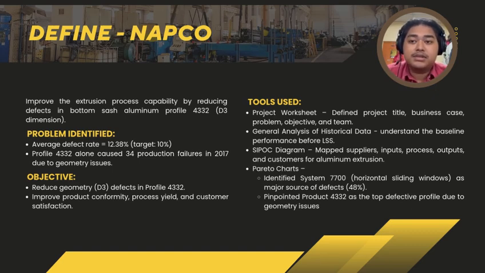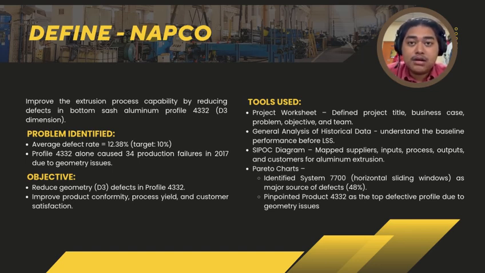to the final customers. Using Pareto charts, the team identified that the System 7700, which is used for horizontal sliding windows, was responsible for nearly 48% of the defects.